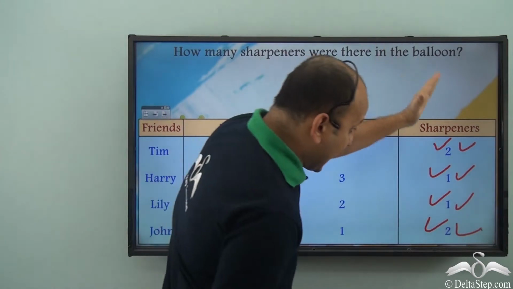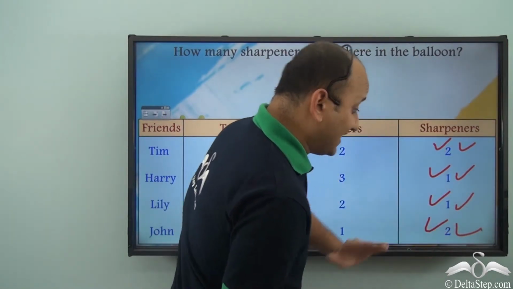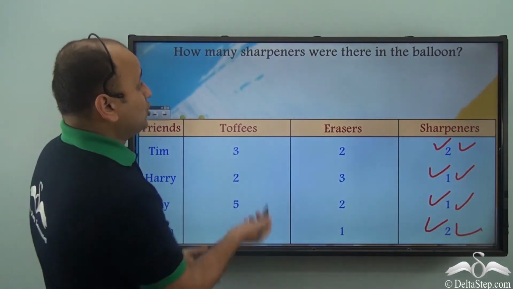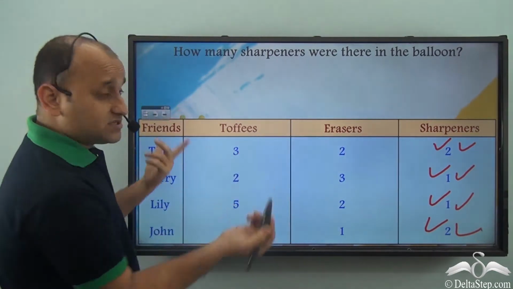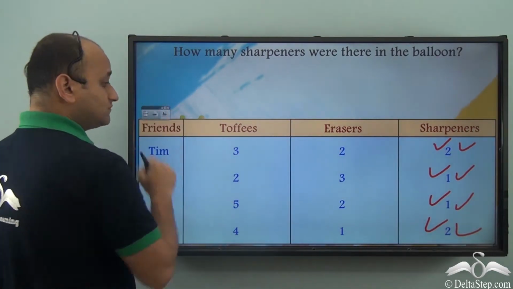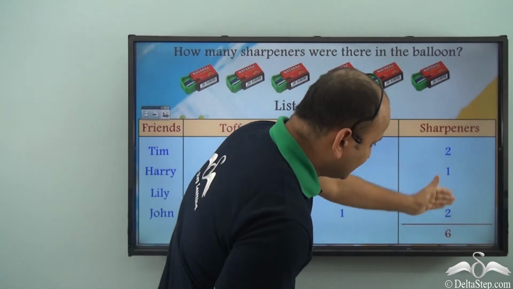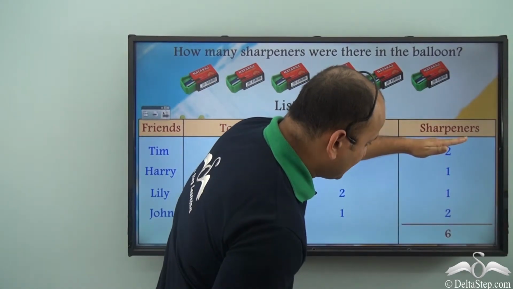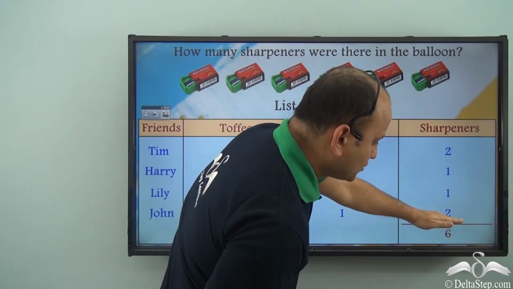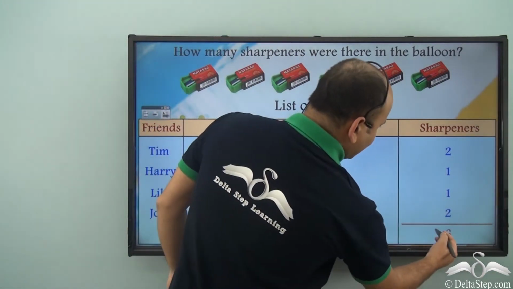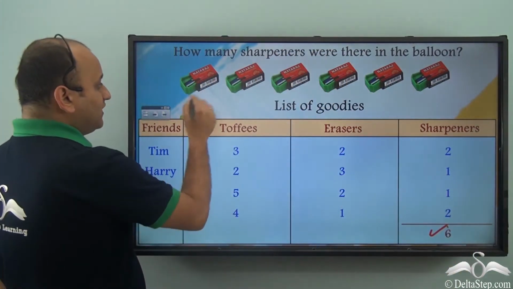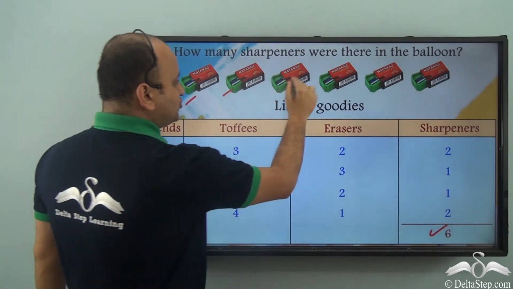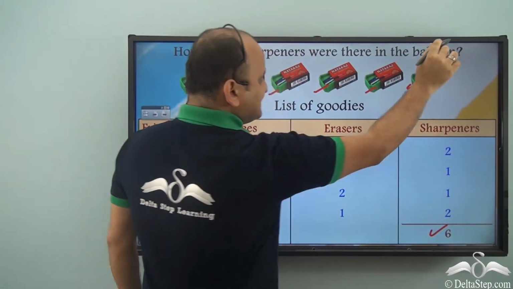So if we add this entire amount, then what you get is the total number of sharpeners in the balloon. So if you add this value, that is 2 plus 1 plus 1 plus 2, what do we get? We get 6, right? So there were 1, 2, 3, 4, 5, 6.